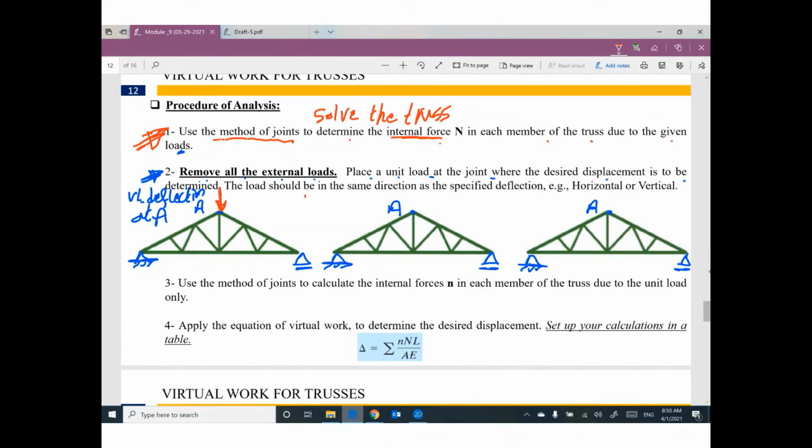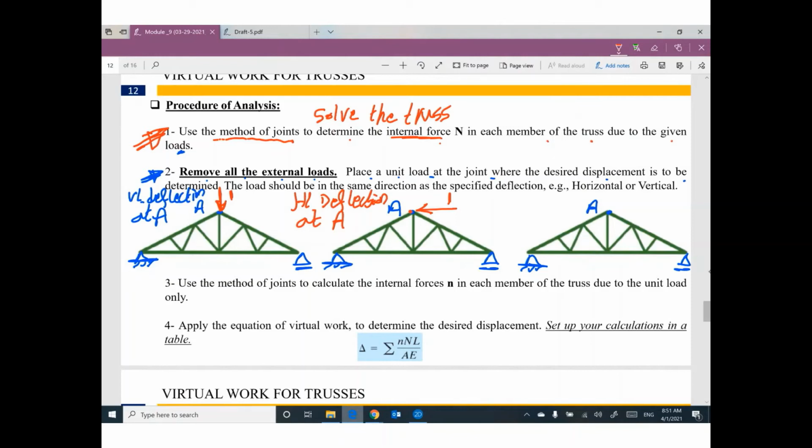If you are looking for horizontal deflection or displacement at A, I will go to A and put horizontal unit load. That makes sense?